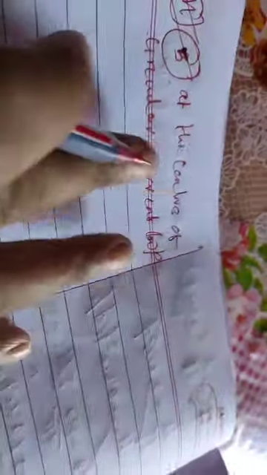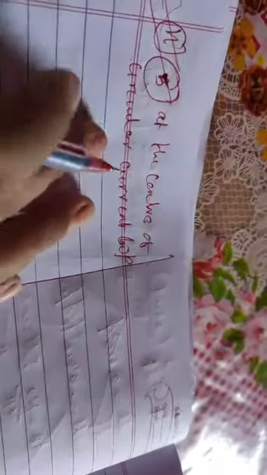Point 2: magnetic field at the center of a circular current loop. This is always asked in board examinations, so please understand this concept carefully.